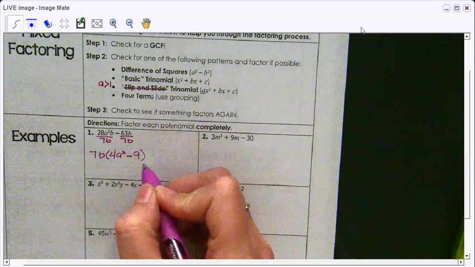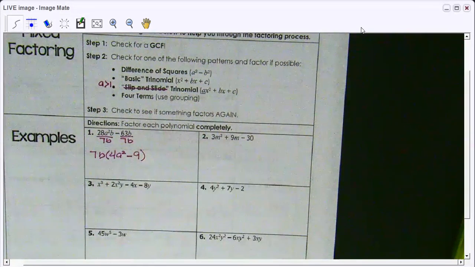Okay, I want you to look at step 2 now. We have to identify if we can continue to factor out based on any one of these 4 ways of factoring. Okay, what do you think? Difference of squares. 4a squared is a perfect square. 9 is a perfect square.